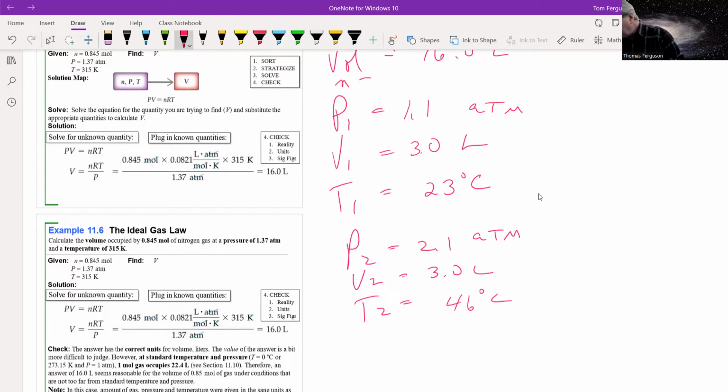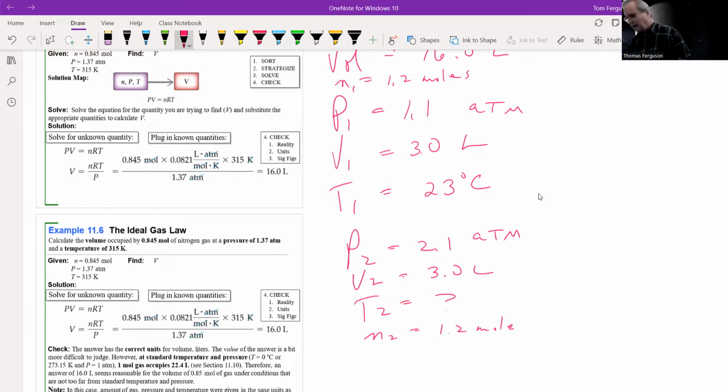And n is equal to. In fact, let's calculate what the new temperature is going to be.